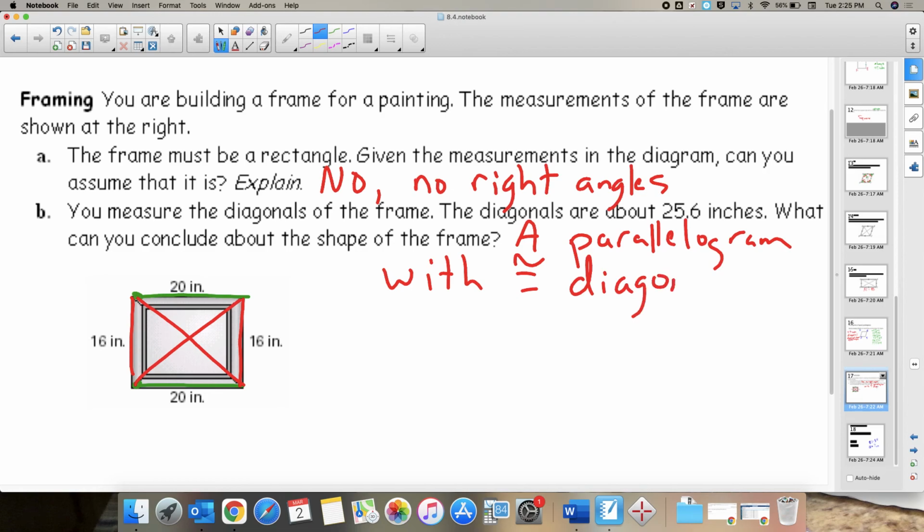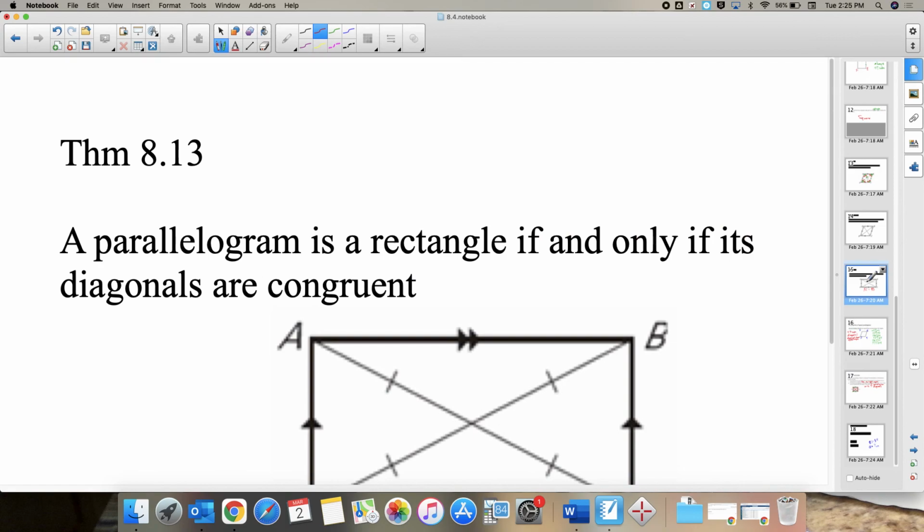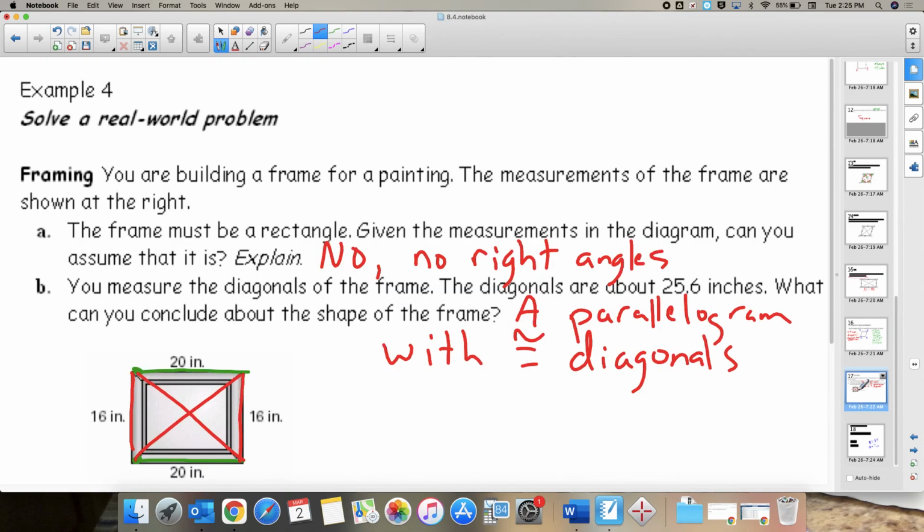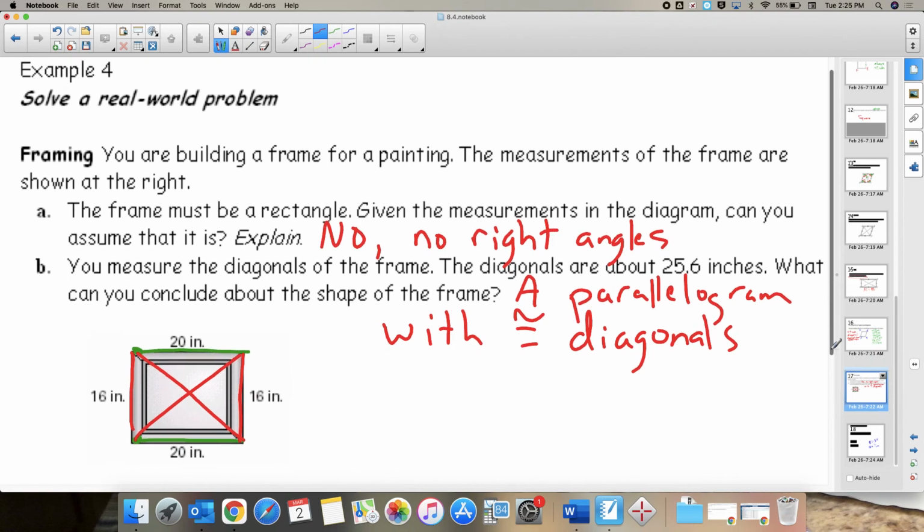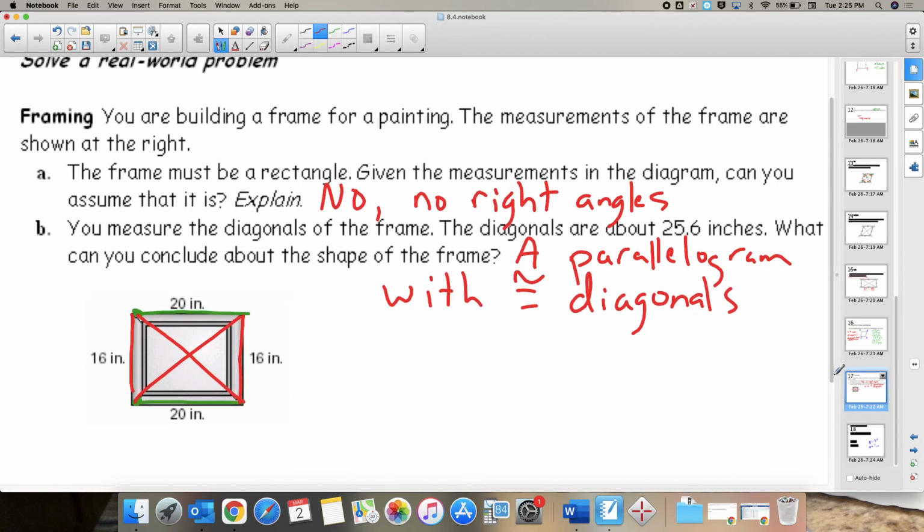We just learned earlier in the period, a parallelogram is a rectangle if and only if its diagonals are congruent. In this parallelogram, if my diagonals are congruent, it will make it a rectangle.